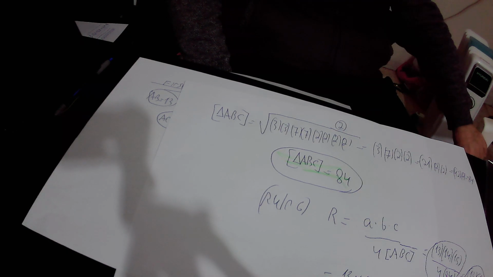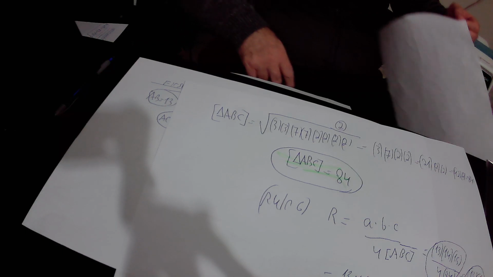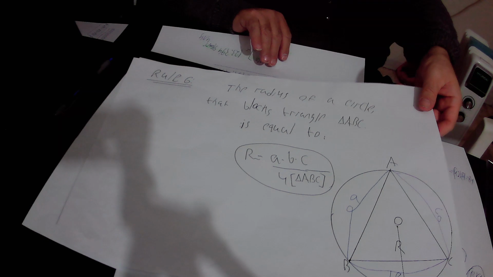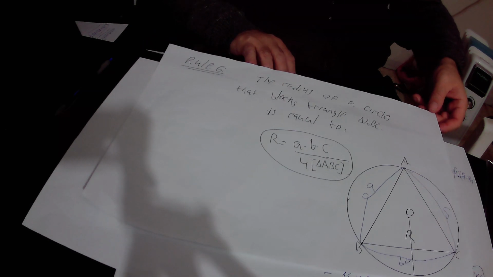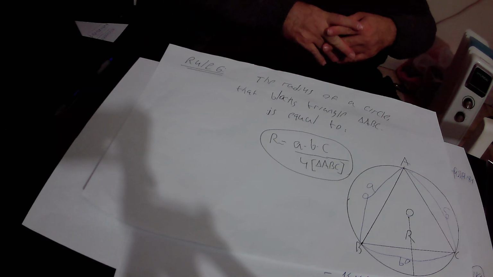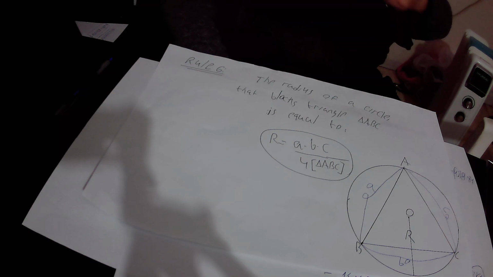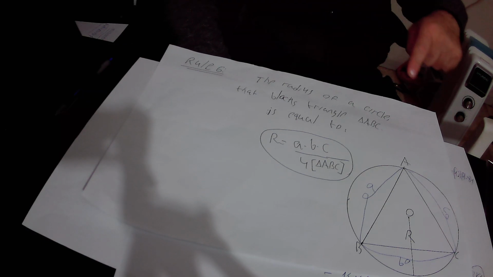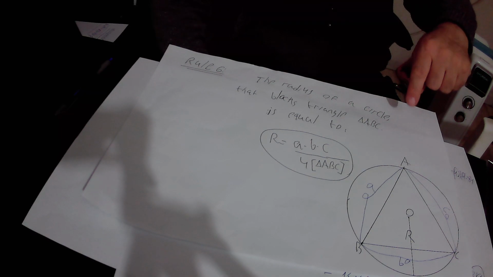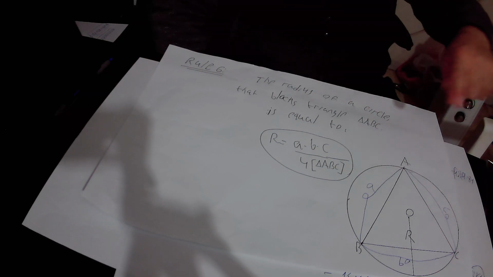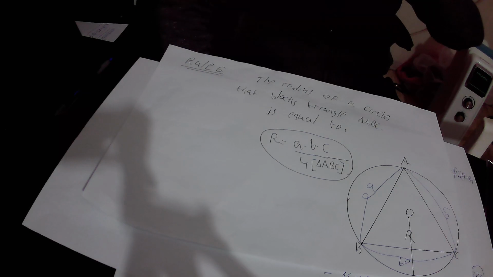Then I presented to you rule number 6, and we implemented rule number 6 in our drawing. According to rule number 6, the radius of a circle that blocks triangle ABC will be equal to this expression. Here, in the drawing we have triangle ABC, where side AB is 13, side BC equals 14 units in length, and side AC equals 15 units in length.